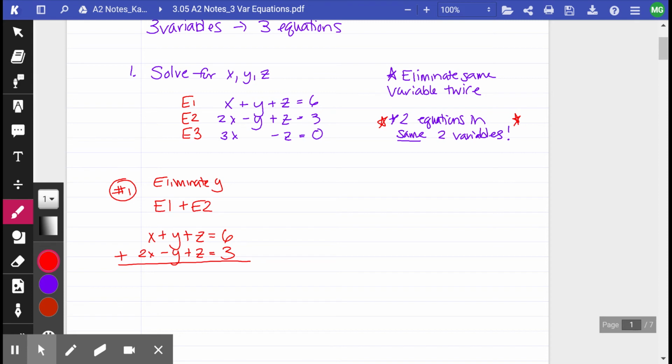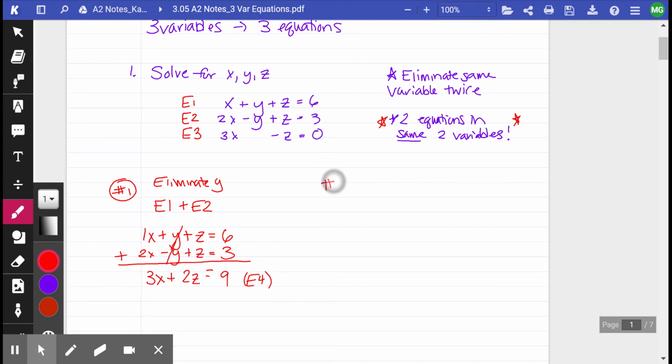All right, so I'm going to add straight down here. 6 and 3 gives me 9. z plus z is 2z. My y's cancel. 1x plus 2x is 3x. So let's call that equation 4 now.